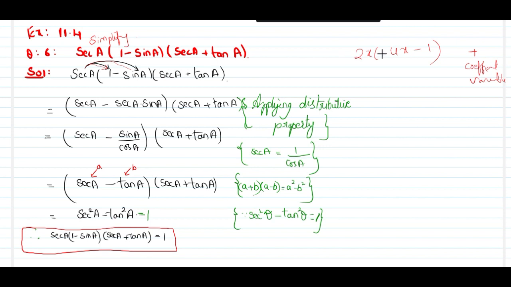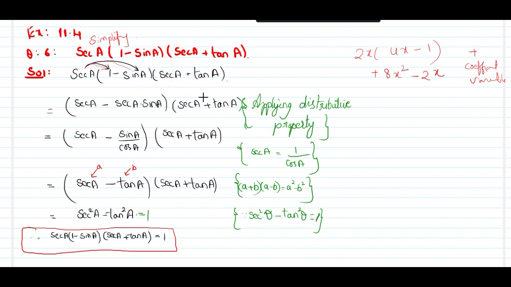That is, plus into plus is plus, 2 into 4 is 8, x into x is x square. Then plus into minus is minus, 2 into 1 is 2, and x into nothing is again x. So, similarly, plus into plus is plus, secant a into 1 is secant a, then plus into minus is minus, secant a into sin a is secant a into sin a.